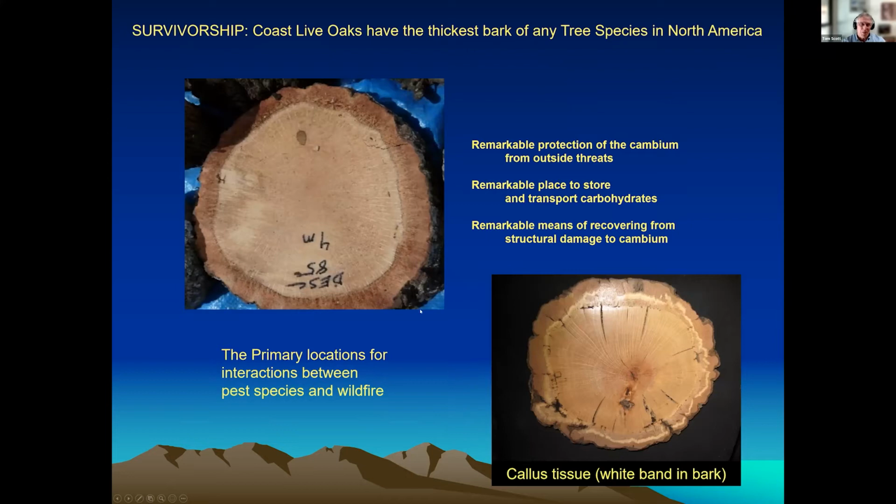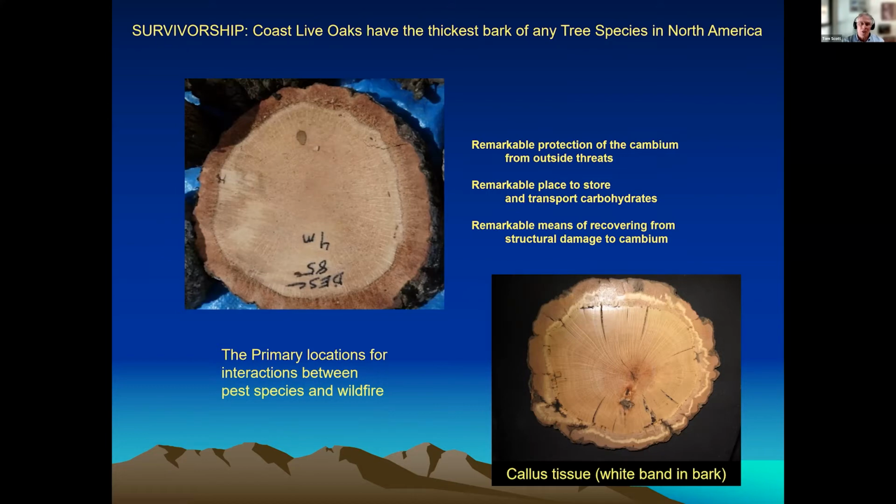So the last part about survivorship is oaks have these really thick barks, and you heard about those as well. Yeah, I thought that Max was going to steal all my thunder, but basically, this is a remarkable way to protect a tree.